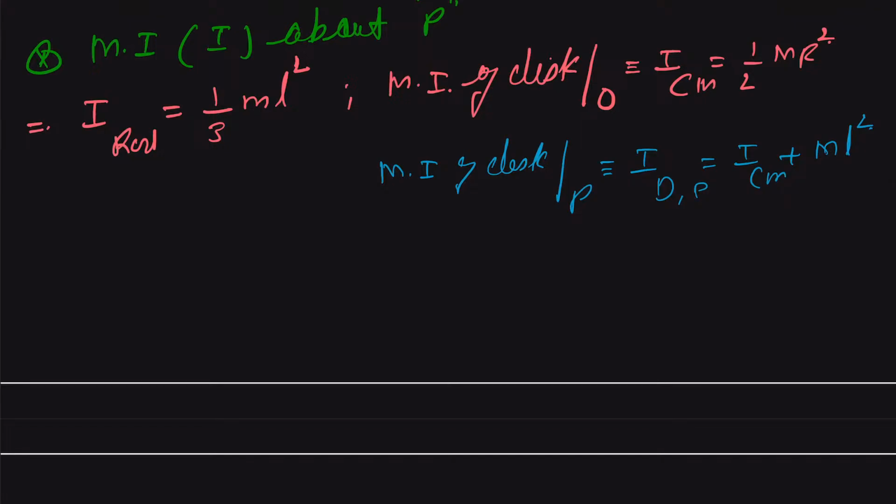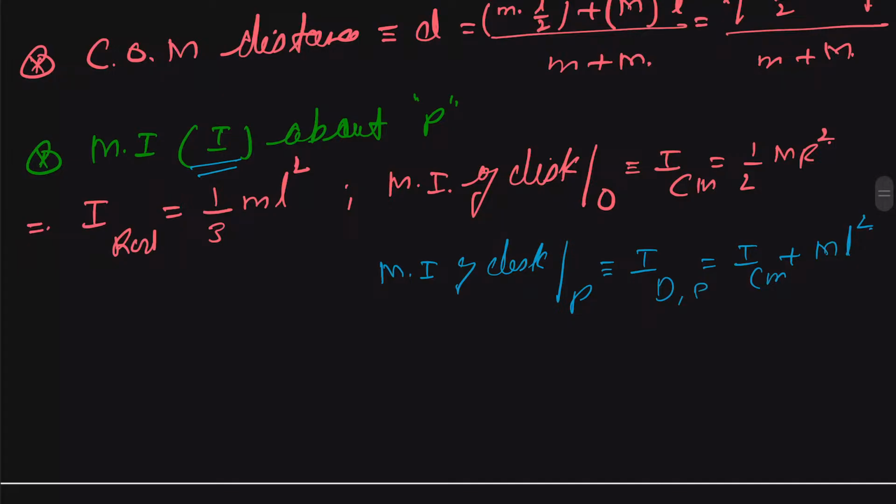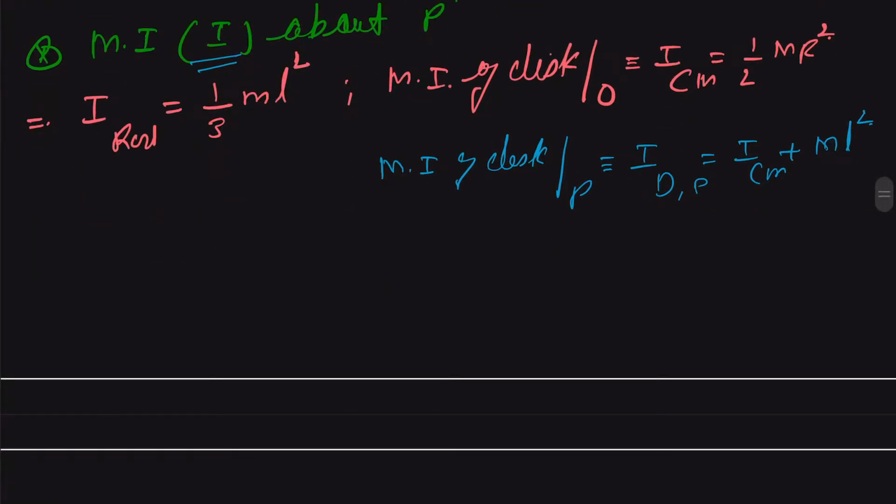Now the total moment of inertia, which we are supposed to find out, that is our I. Therefore we can say that our I will be equal to the moment of inertia of the rod plus the moment of inertia of the disc about point P.